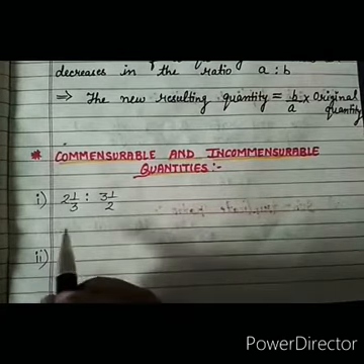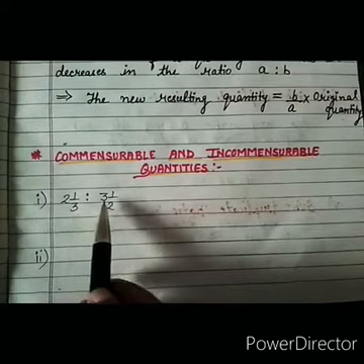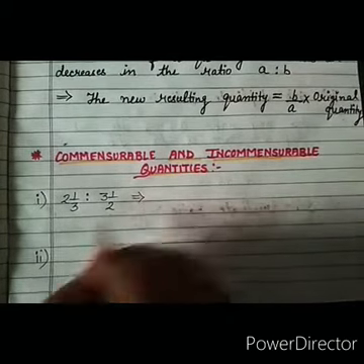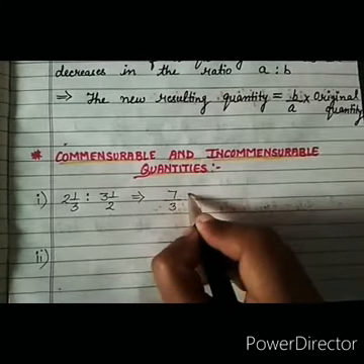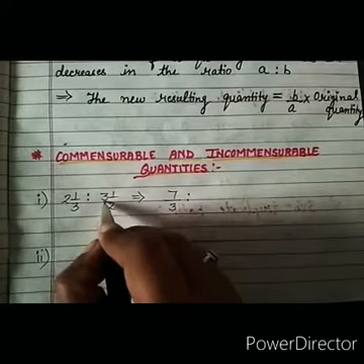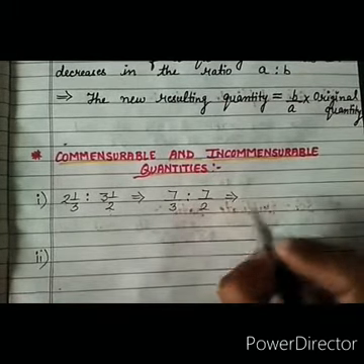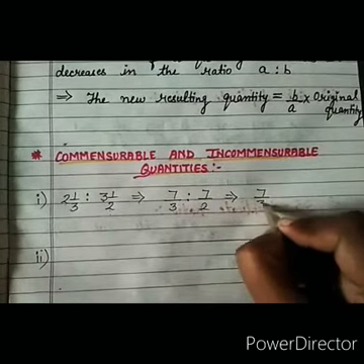For example, if we have two quantities, 2 whole 1 upon 3 is to 3 whole 1 upon 2. When we simplify it, it becomes 3 2s are 6 plus 1, 7 upon 3 is to 2 3s are 6 plus 1, 7 upon 2. Again, when we simplify it, it becomes 7 upon 3.